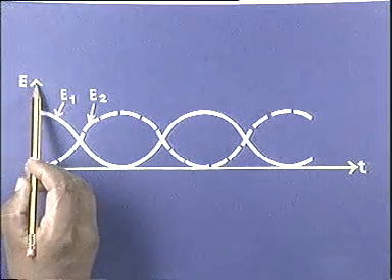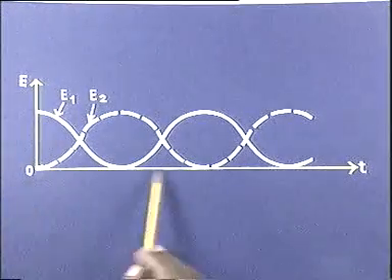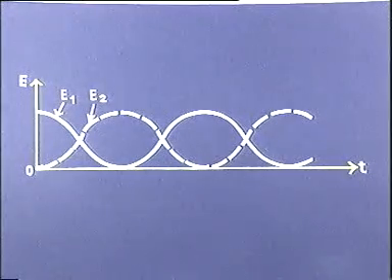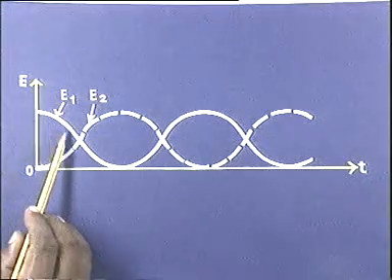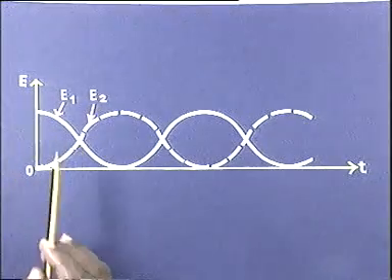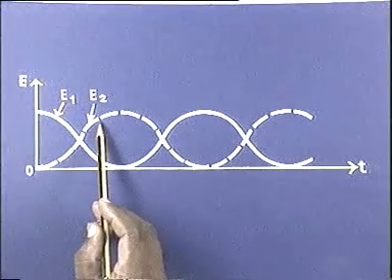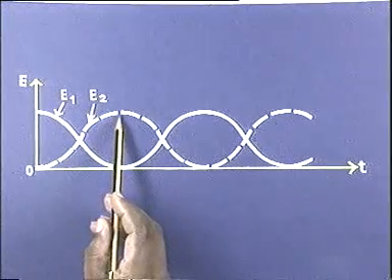In terms of energy, we can analyze this motion by plotting a graph between the energy of the individual oscillator and time. As the first oscillator begins to oscillate, its energy starts decreasing. But there is a corresponding increase in the energy of the second oscillator till it becomes maximum.